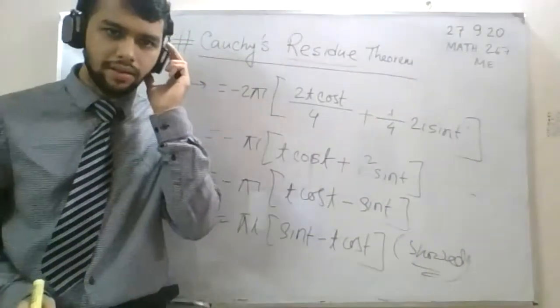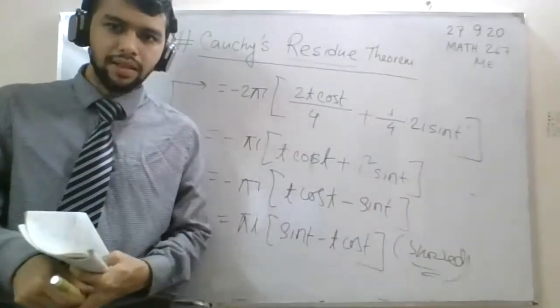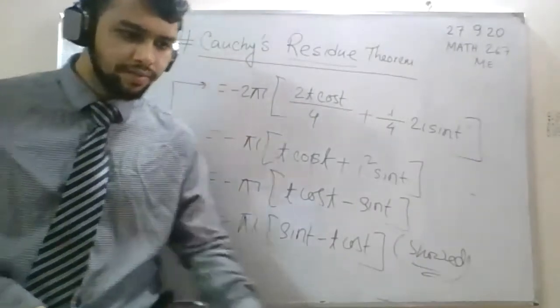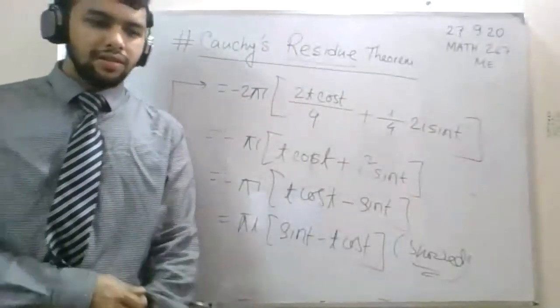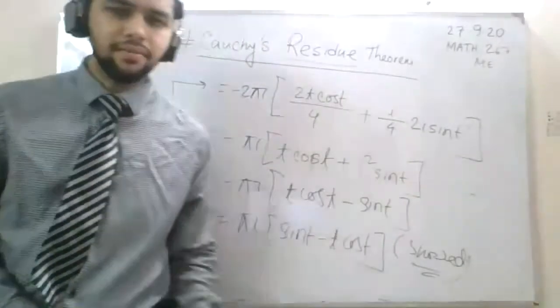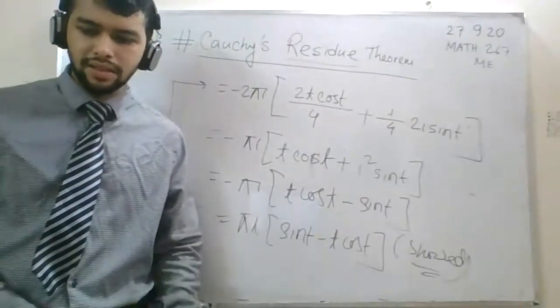So this is the Cauchy residues problem. Okay. Do you get it, everyone? Do you have any problems in here? All of you, please tell me.